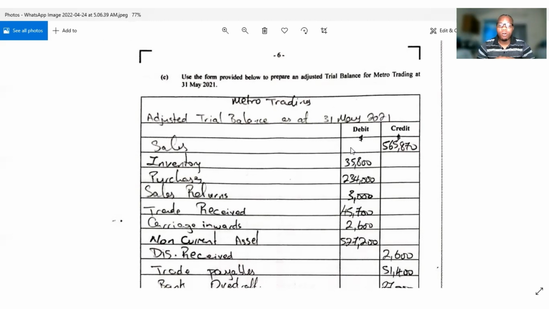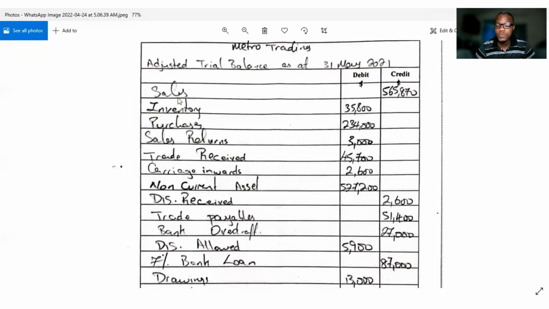Also, all provisions accounts, such as provision for depreciation and provision for bad debt, carry a credit balance. If you know those little things, it should help you answer this question very quickly and very easily. So, as I said before, sales, which is a revenue, carries a credit balance.